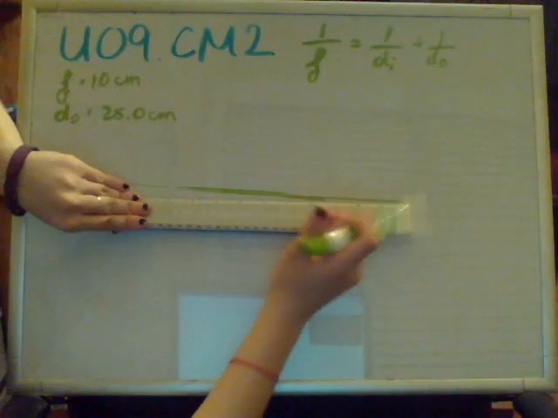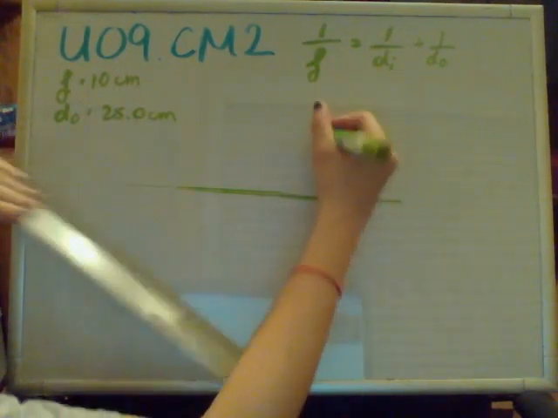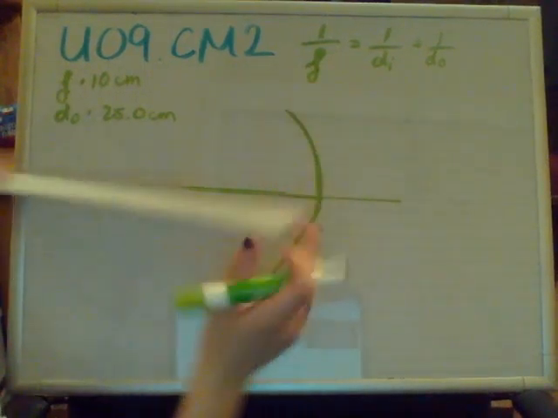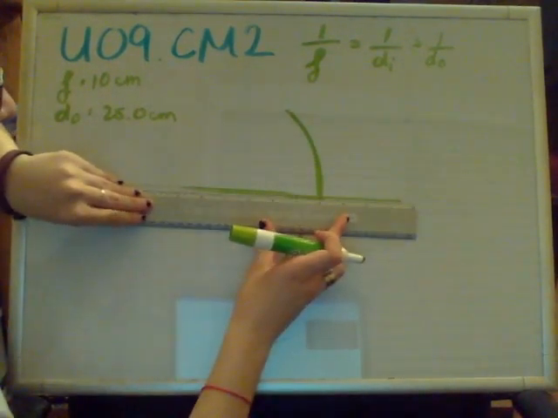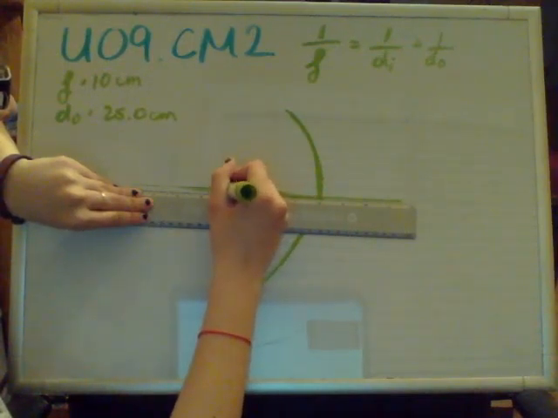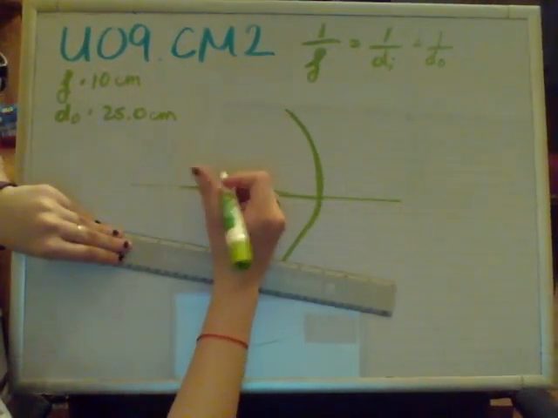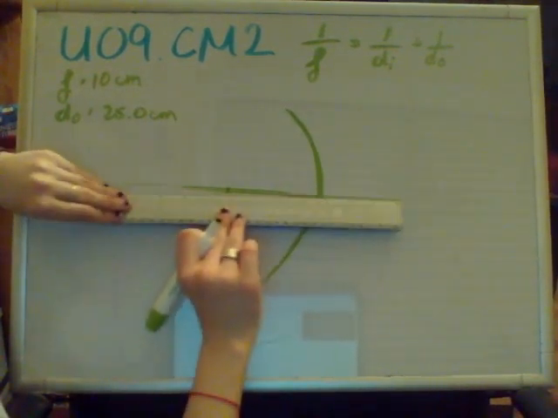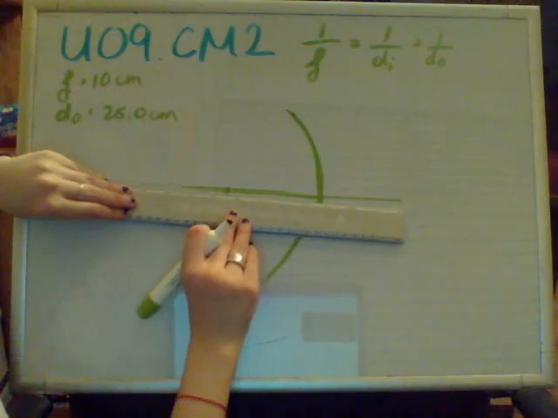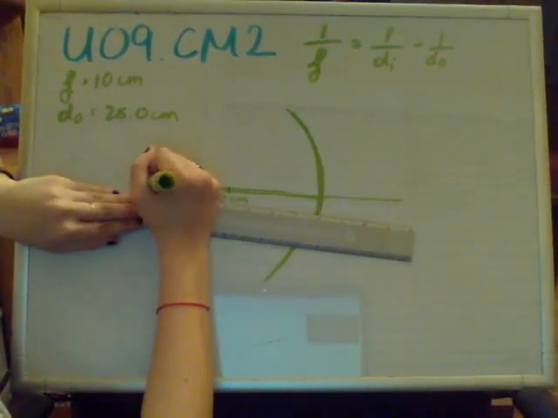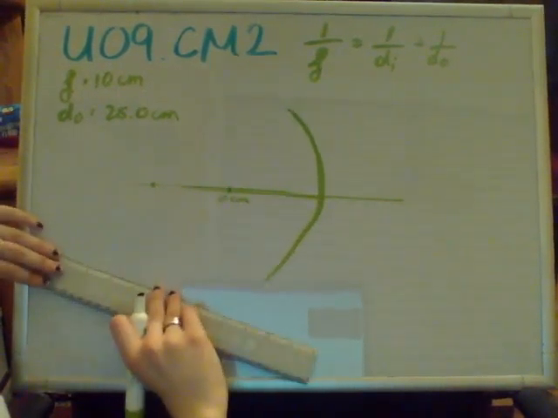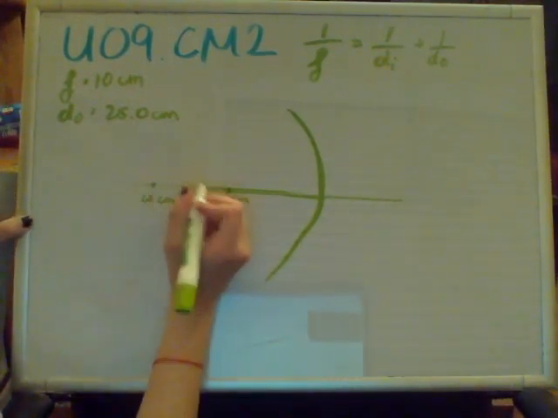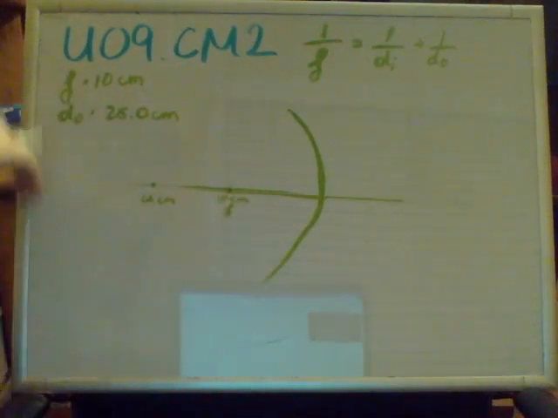Let's say we're going to put it over here. Right here is the focal length, and that's 10 centimeters. And the object is over here, roughly 25 centimeters away.